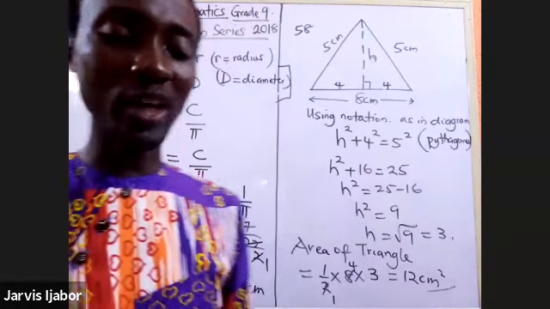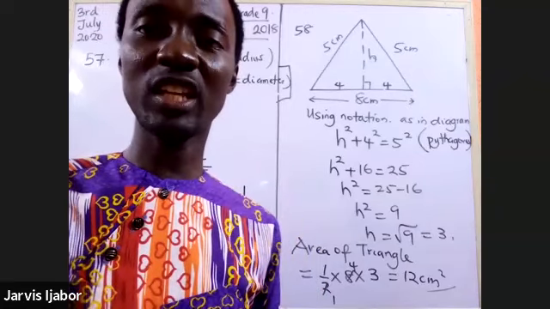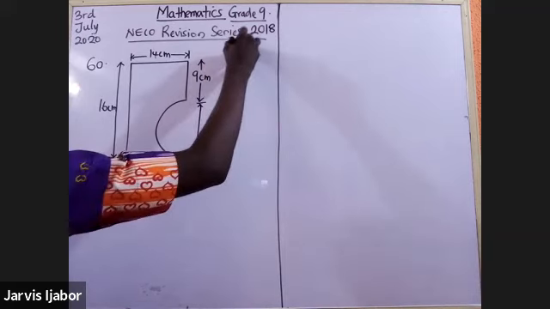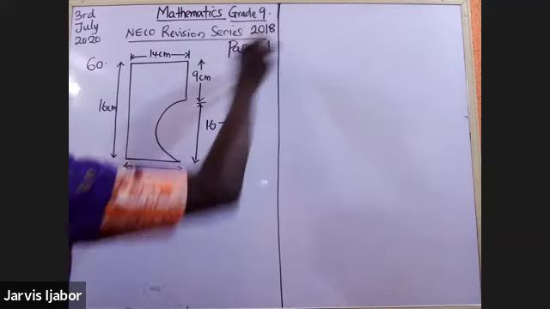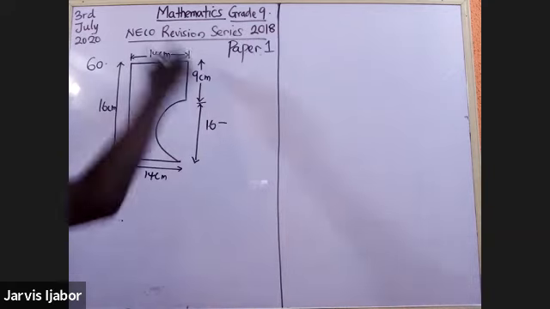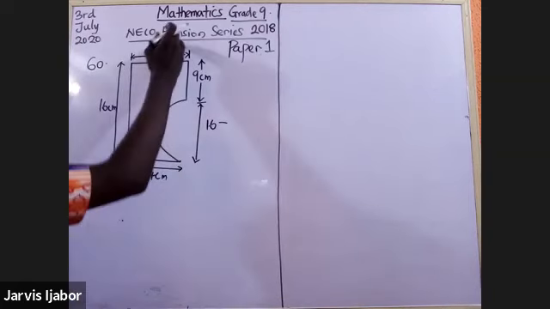Let's go to question 60. So let's draw question 60 in our book. This is the last question for paper 1. And this is the figure we were given. We had to get this. This will be the same as this.